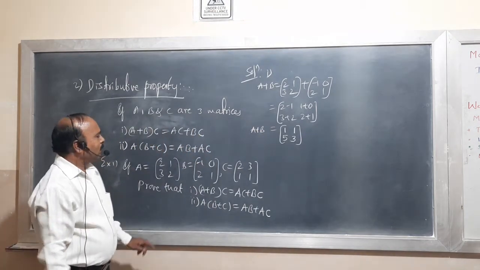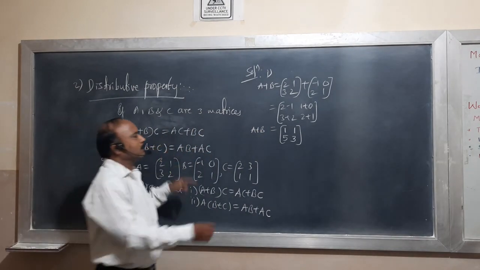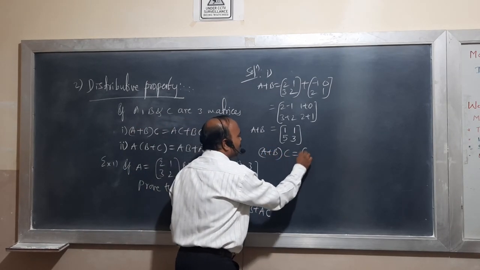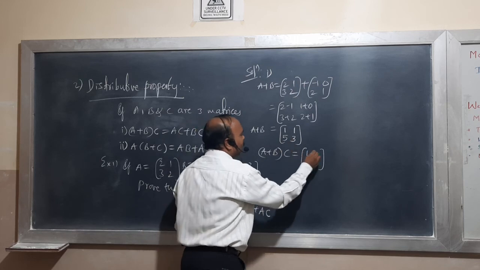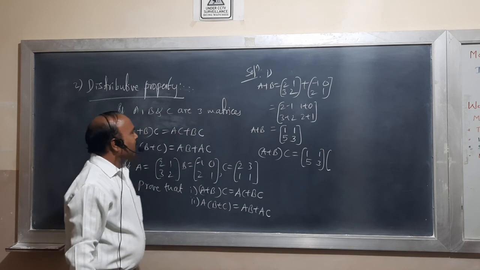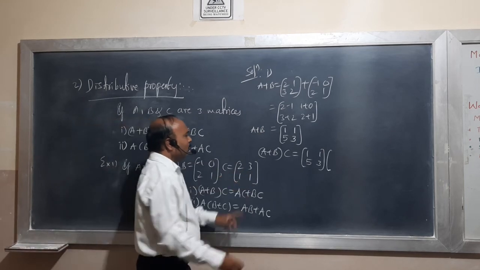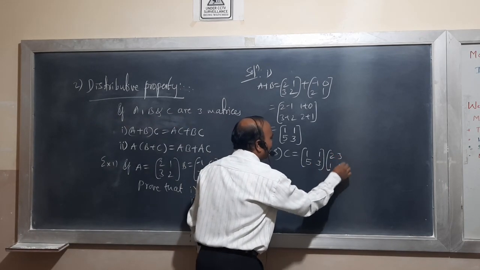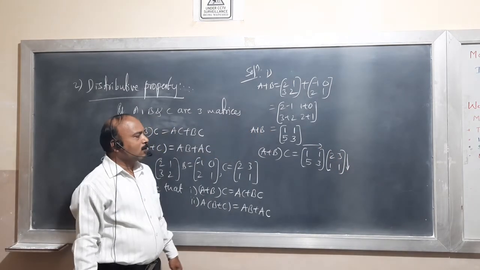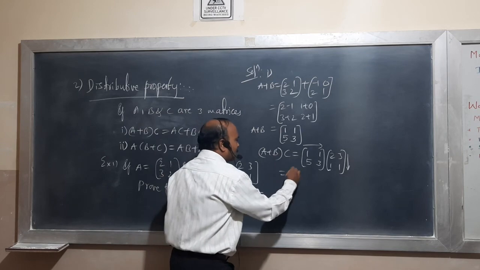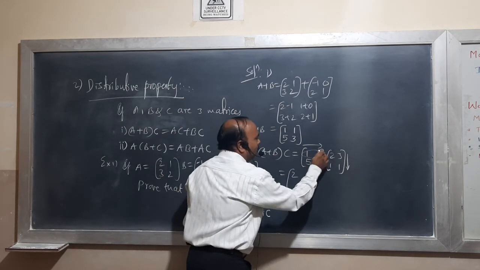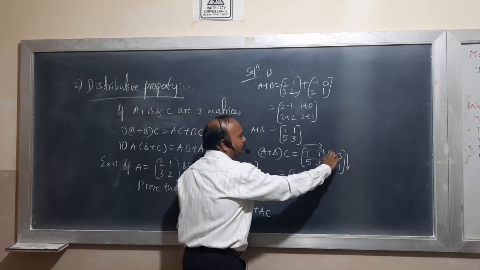After that we want (A plus B) into C. A plus B is there already: [1, 1; 5, 3] into C matrix, C is [2, 3; 1, 1]. Again you apply the rule of multiplication, row with column. That is 1 with 2, 2 and 1 with 1, plus 1. First row, first column.